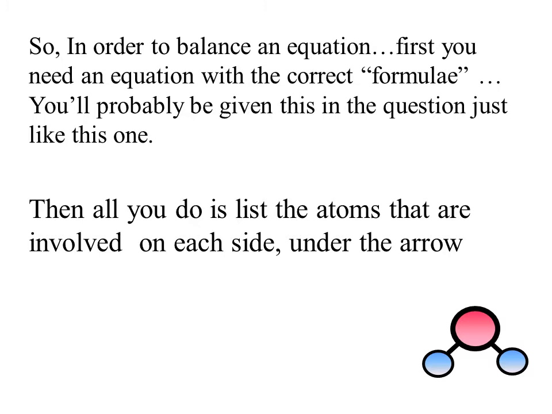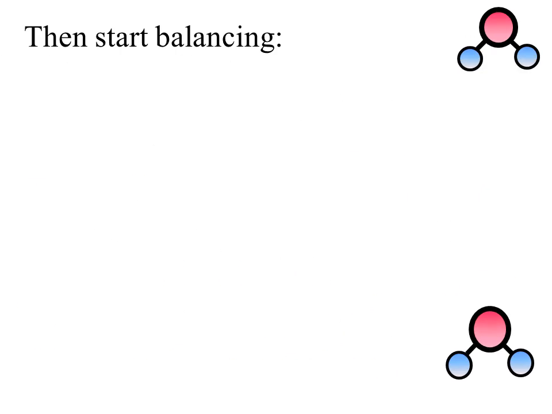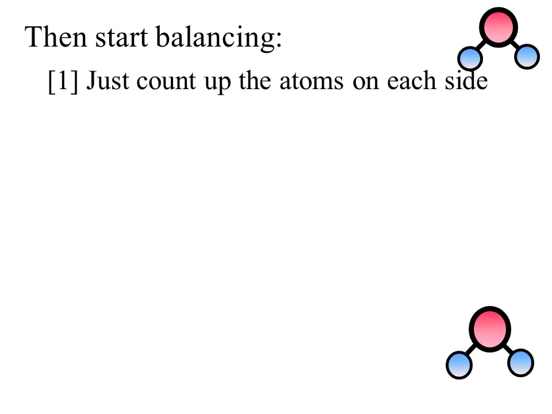So here's some steps to follow in order to balance an equation. You want to make sure that you have an equation that has the correct formula written. You're probably going to be given an equation like this one. And so what you want to do is go ahead and write all the atoms that are listed there underneath the arrow. That's going to be the easiest way to start. And then to start balancing, you're going to count up the atoms of each element on each side of the equation.